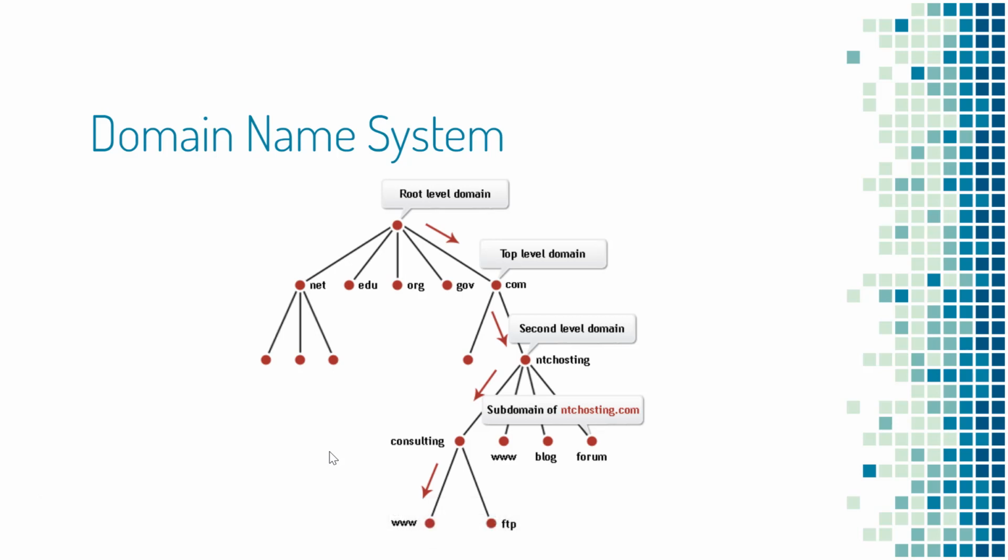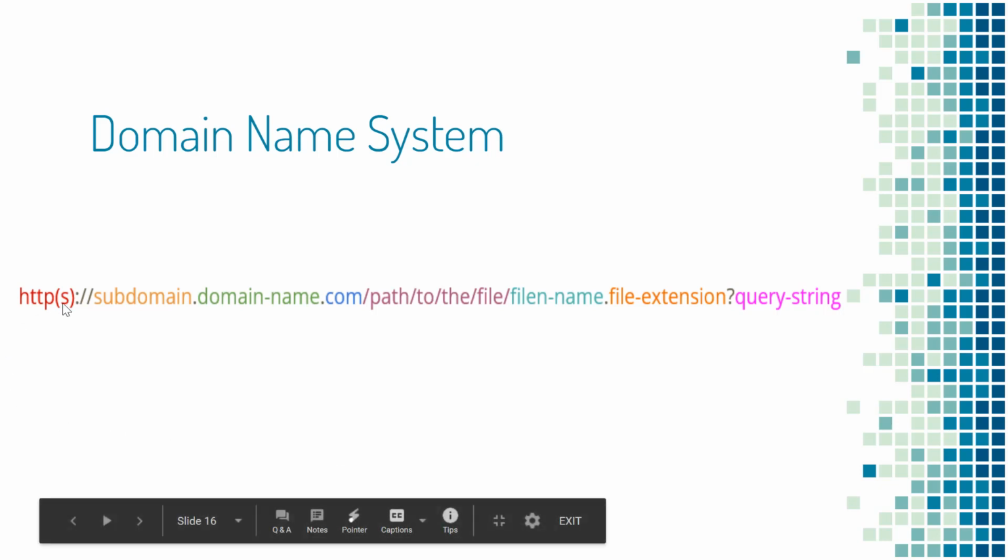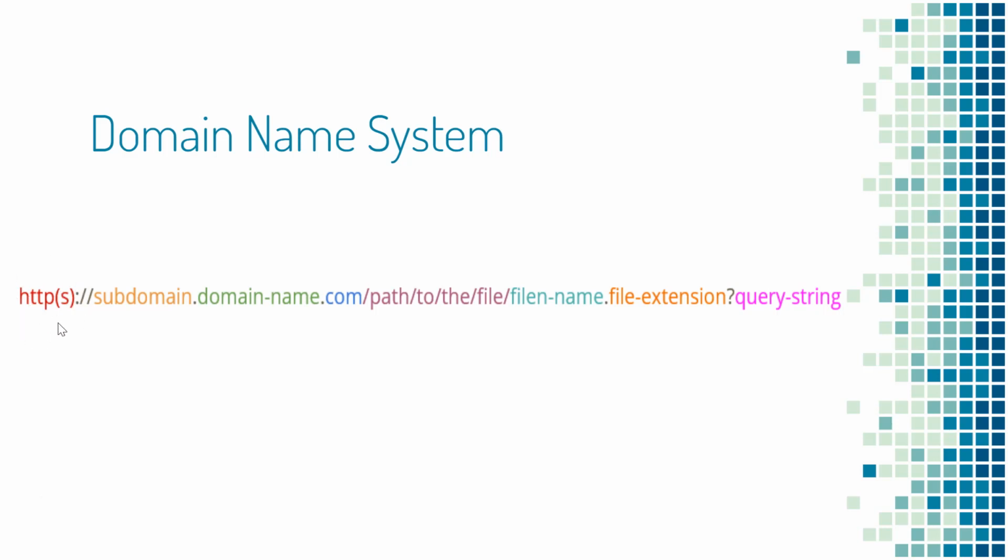This is really important for you as a web developer to understand how the domain names are structured. This is one of the examples that we have as web developers to understand and read it. So let's go one by one. The domain name starts with the protocol.